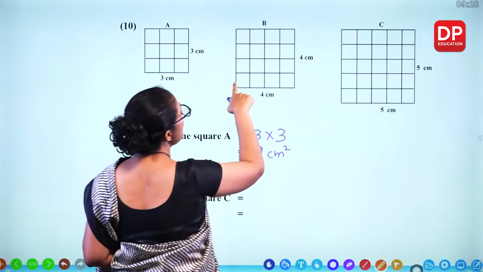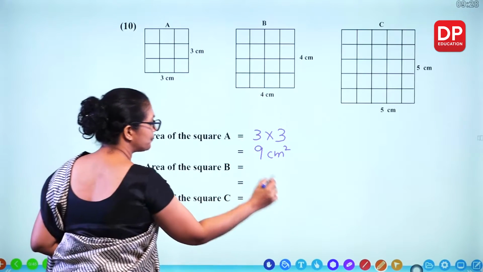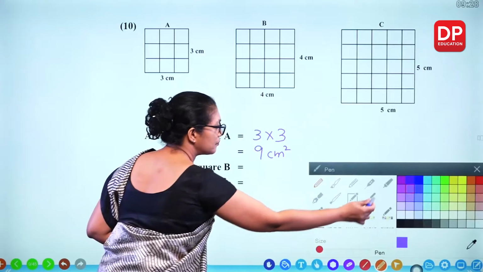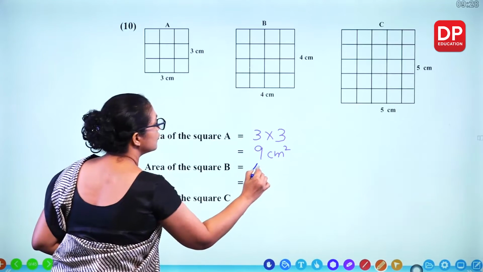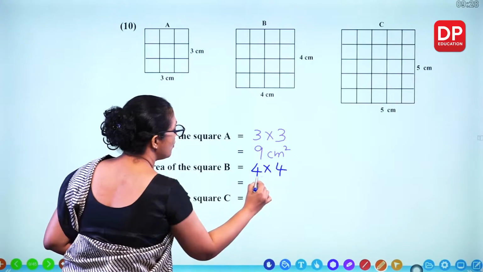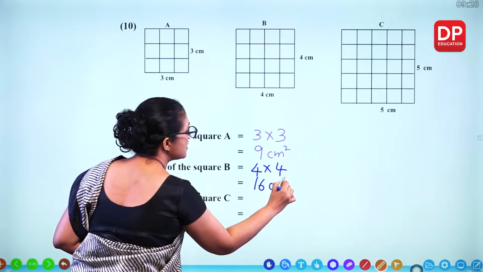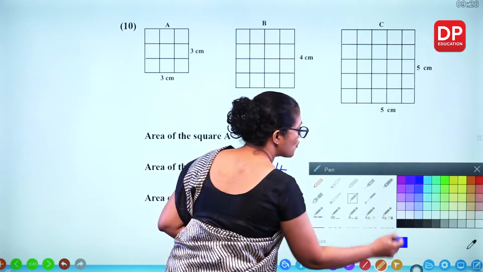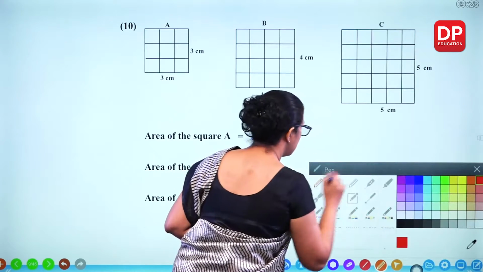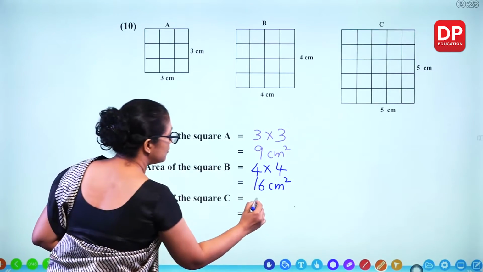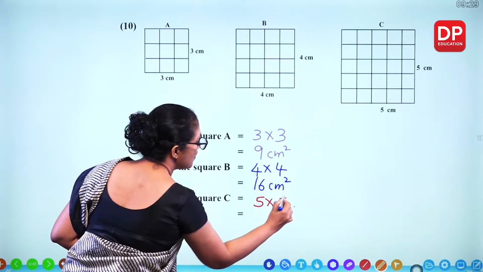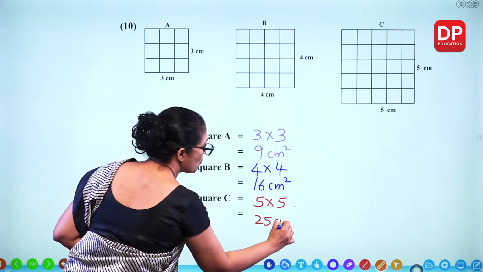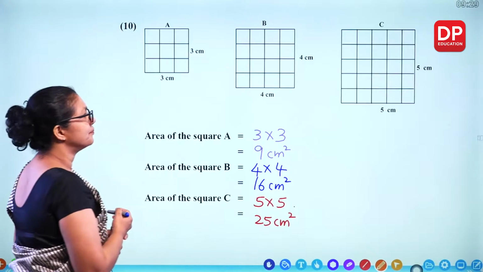Area of square B, 4 times 4, you get 16 square centimeters. What about area of square C? 5 times 5, 25 square centimeters.